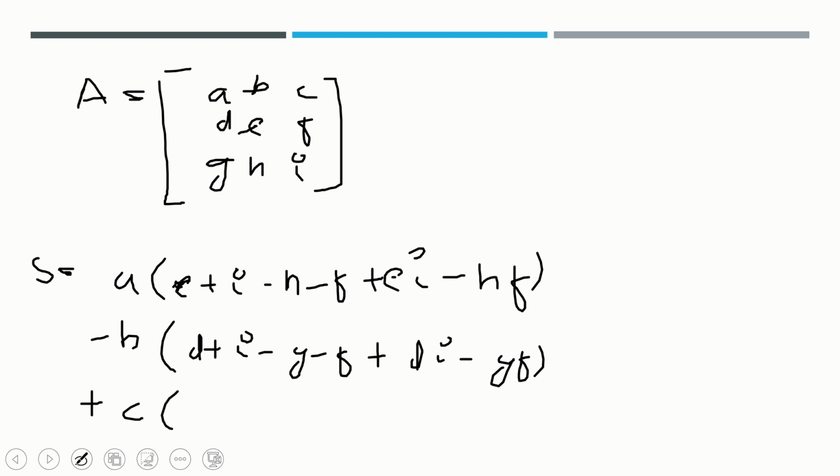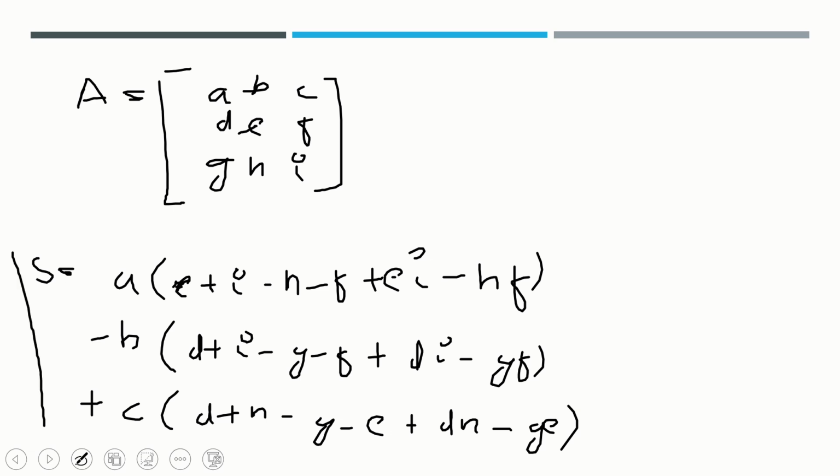And finally we are going for C. It will be D plus H minus G minus E plus DH minus GE. So actually this is the S value.